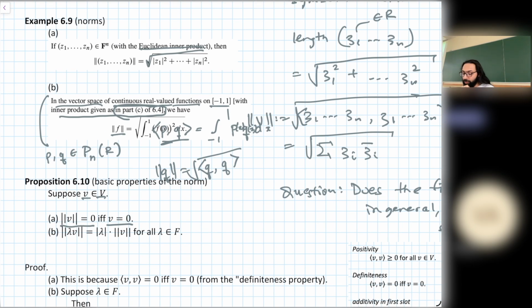The norm of V is, what is the definition? We just looked at the definition. It's the square root of the inner product of V with itself. And then remember there was a property: we said that the inner product of V with V being 0 is equivalent to V being 0. So you sort of see the proof.